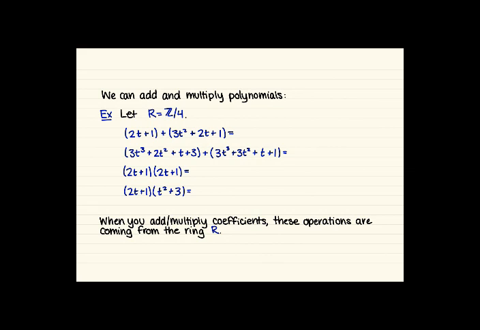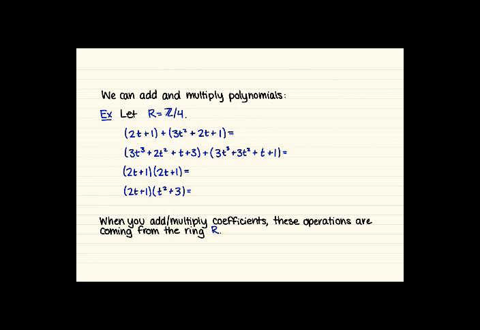Once we've created this set of polynomials, we can add and multiply polynomials, regardless of the ring that the coefficients are over. So let's decide that we're going to look at polynomials with coefficients in Z mod 4. So our coefficients are all coming from Z mod 4.